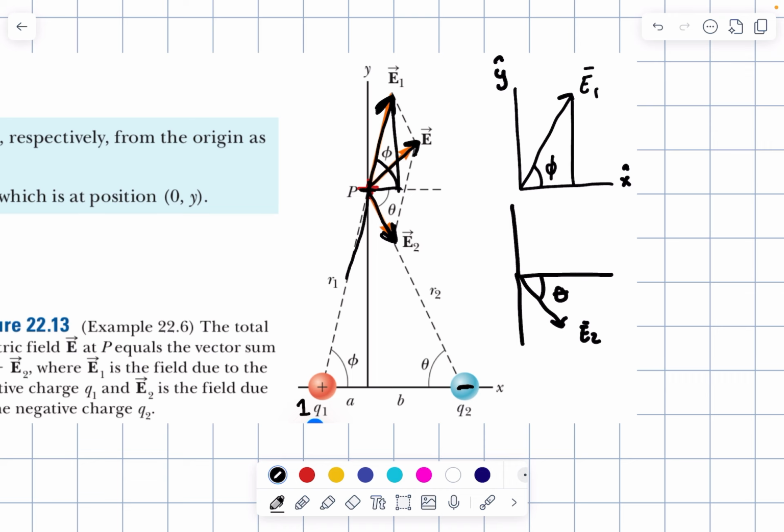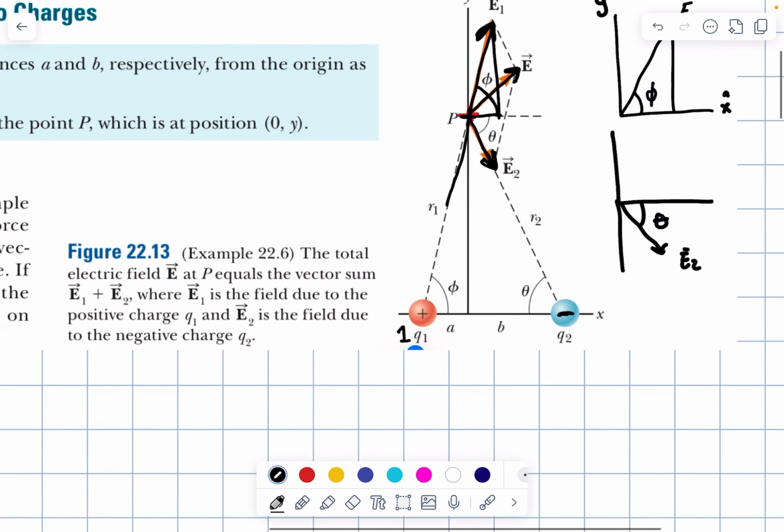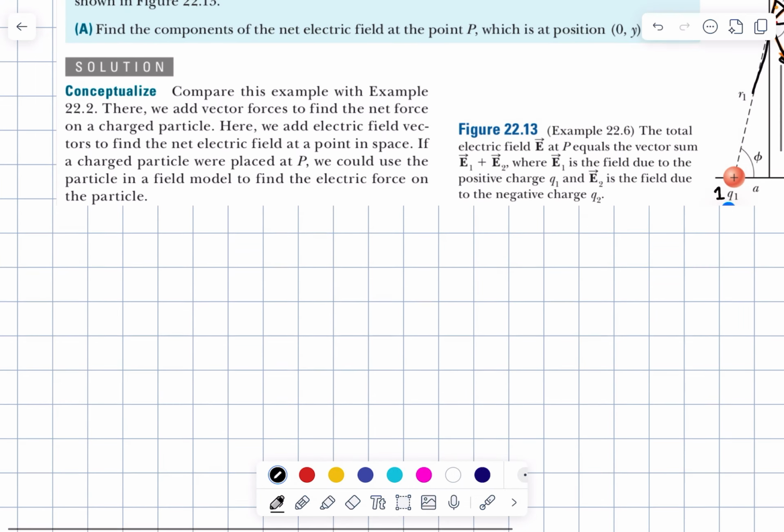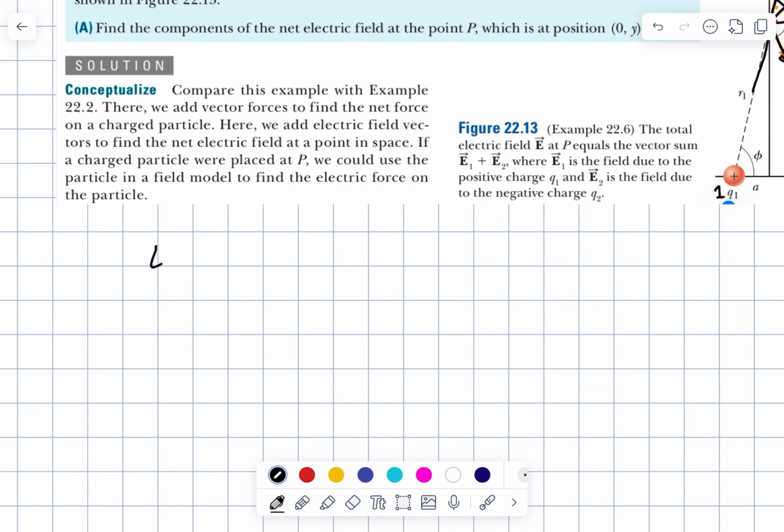Now to figure out exactly where it's pointing, we're going to have to use our equation, which hopefully you remember. The magnitude of E1 is equal to KE Q1 over R1 squared, and this is for finding the electric field of a point charge. We don't know what Q1 is, it's just a number for us right now.